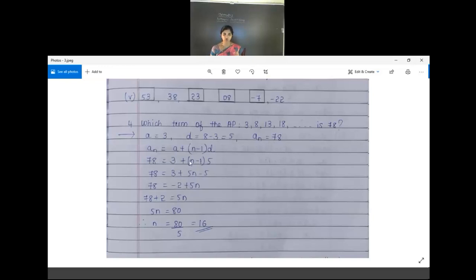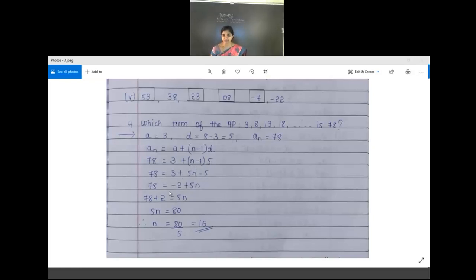So what do we have to use? We have to use the general term, that is an is equal to a plus n minus 1 into d. Then an is 78, a is 3, and d is 5. Then 78 is equal to 3 plus n into 5 is 5n, minus 1 into 5 is minus 5.